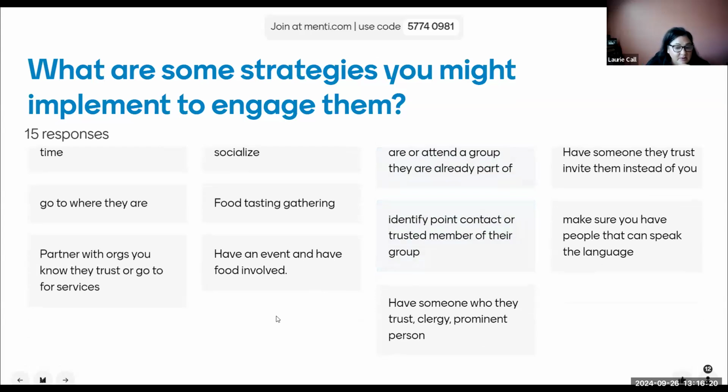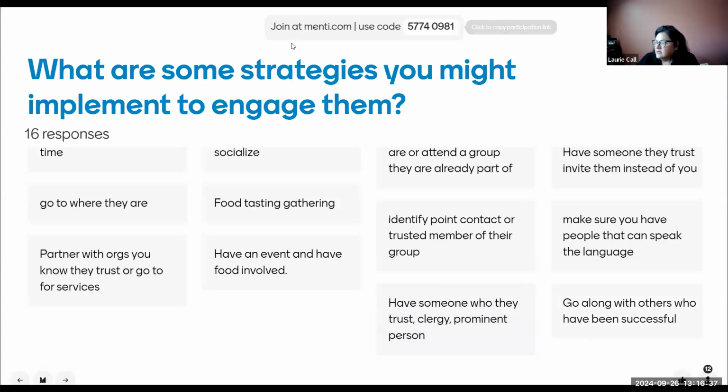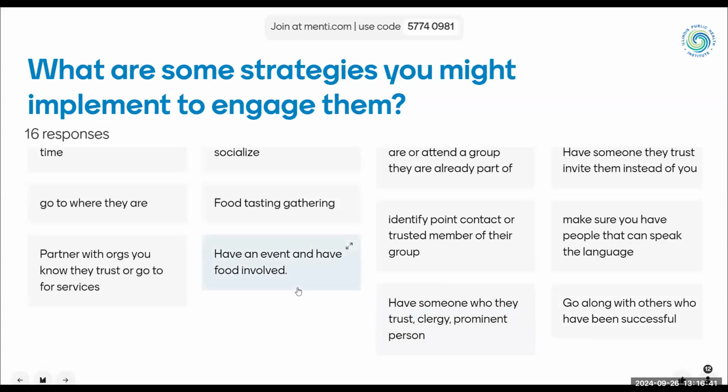Make sure that you bring people or have people who can speak their language. Have someone who they trust, a clergy or a prominent person. Have an event and have food involved. Partner with organizations you know they trust or go to for services. Great, great ideas. Someone put in the chat to ask in person where they are and invite them.